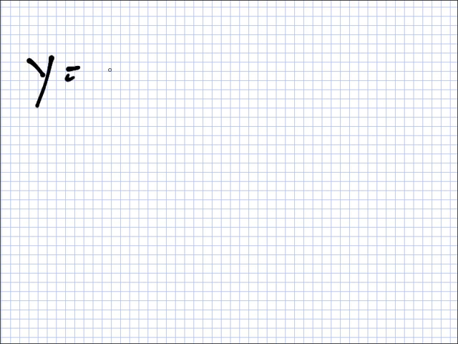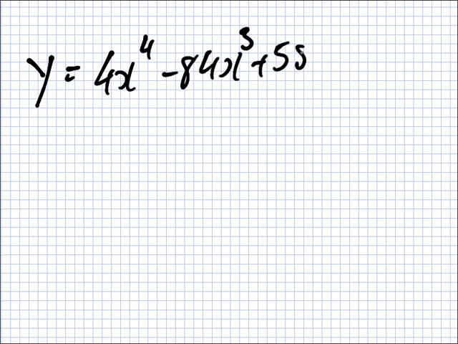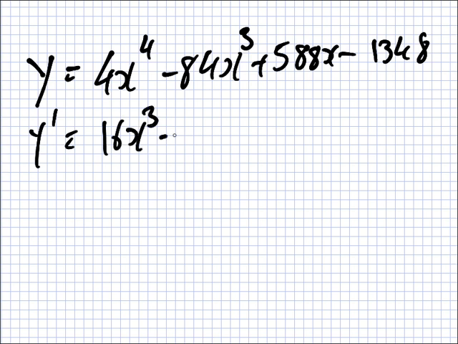C, is it? 4x to the fourth minus 84x cubed plus 5. First derivative, let's do this: 16x cubed minus 252x squared plus 588.